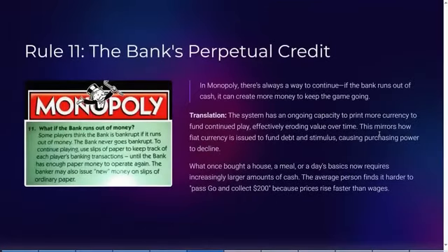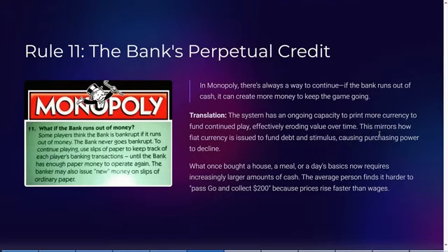And so if you want to learn everything that you want to about how fiat currencies and fractional reserve banking works, and you have the Monopoly game at home, go get the rule book and go read rule number 11. This is literally a picture from the rule book of the game Monopoly. And rule 11 is, what if the bank runs out of money?